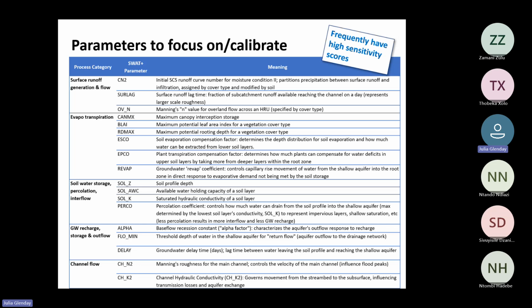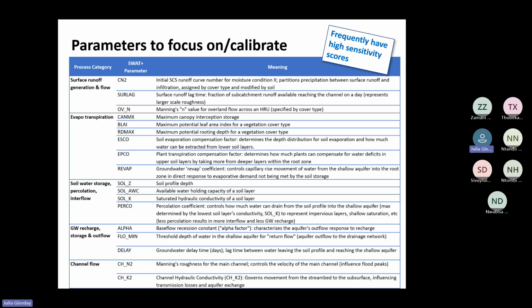There's a property called EPCO, the plant transpiration compensation, which I'll talk about more, and that determines how much the plants can draw from deeper soil layers. And then there's another parameter for how much the plants can draw from deeper aquifer layers if the soil doesn't meet their demand.